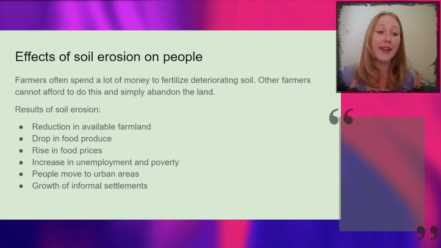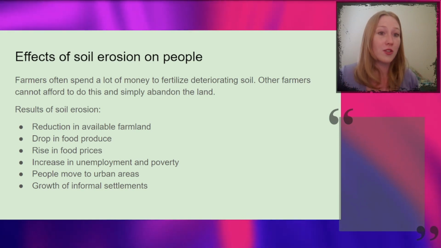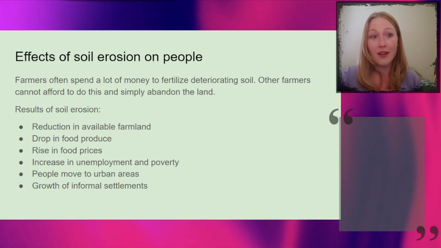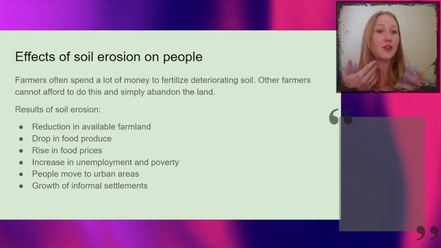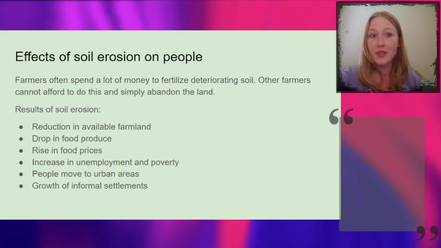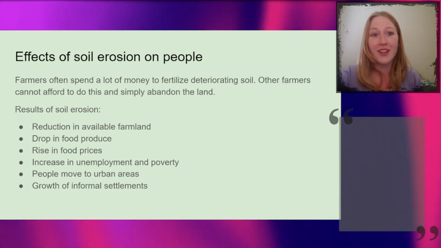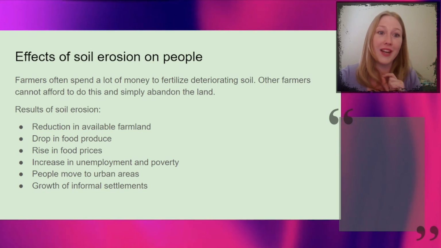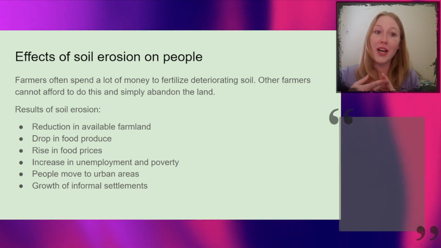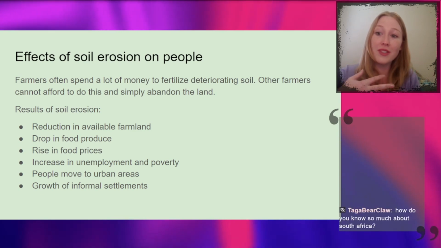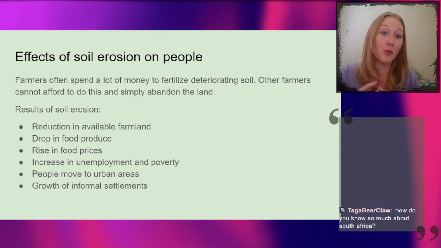They are not able to provide the basic services for the entire population that's living there. And it's just a snowball effect of problems. And all of this just comes from soil erosion. So a very, very small little factor leading to high food prices, unemployment, poverty, and informal settlements.